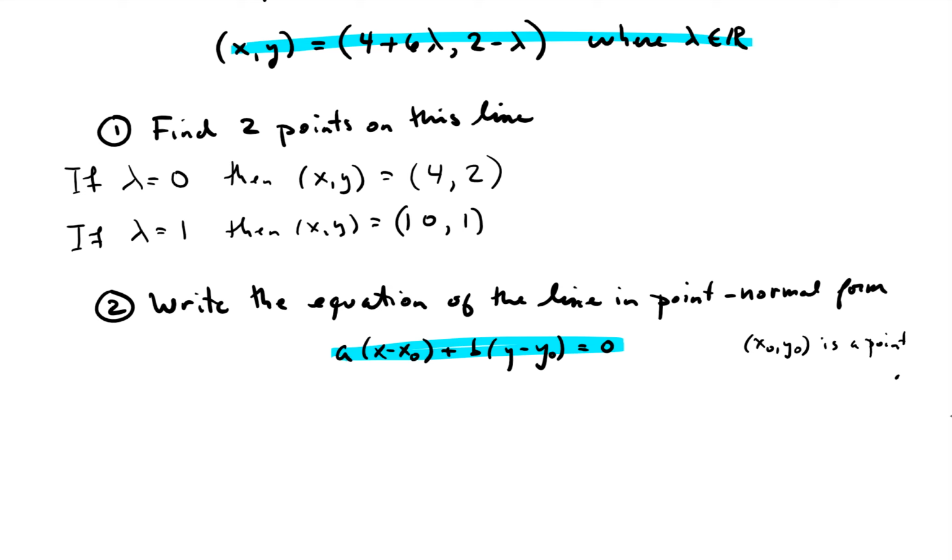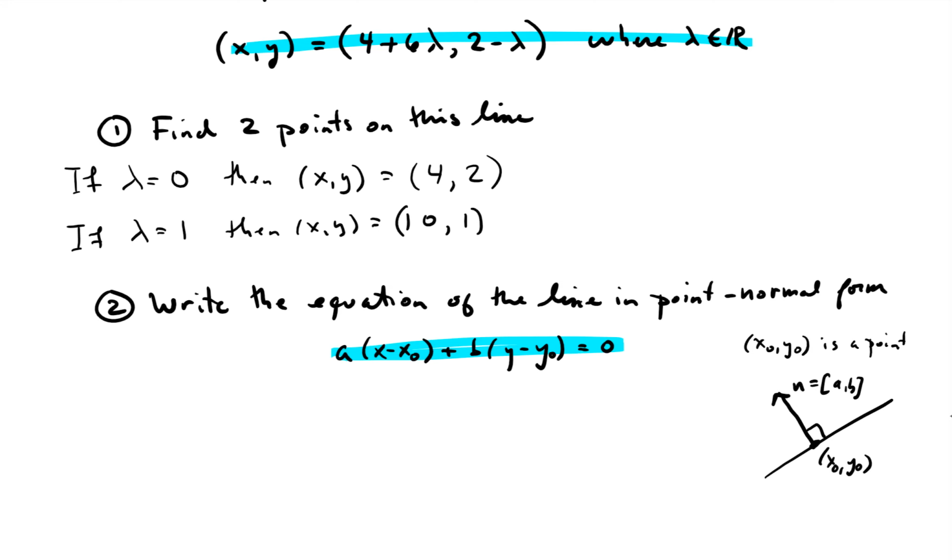So if this is your line, that's going to be one of the points on the line, and n is the vector that's perpendicular to the line, or a vector that's perpendicular to the line, because there are infinitely many.